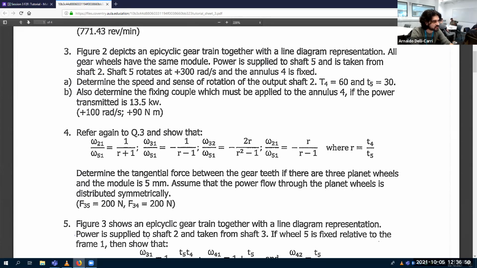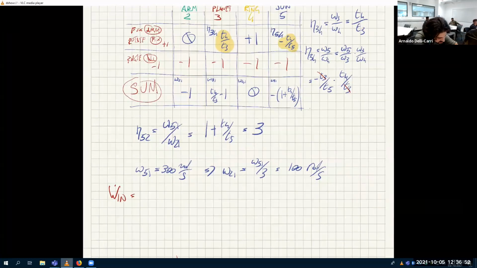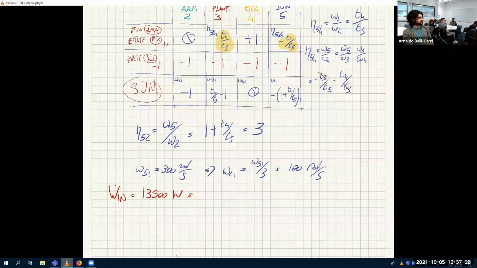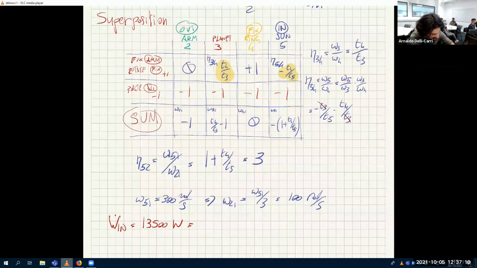That's wrong units. 13,500 watts, which is equal to W dot in. What is the input torque? So the torque at the input shaft. What's the input shaft? L5 times omega 5.